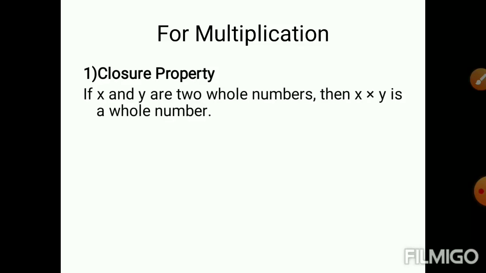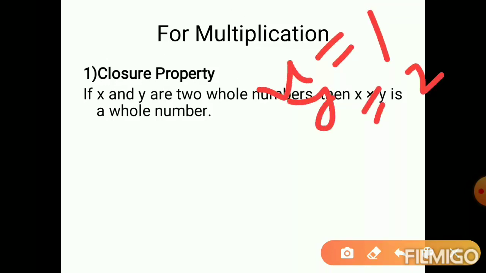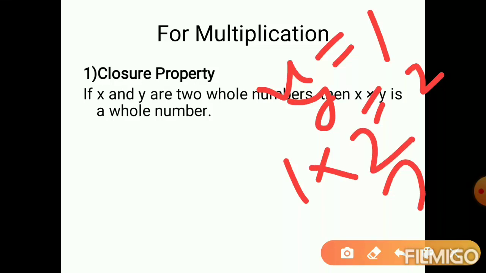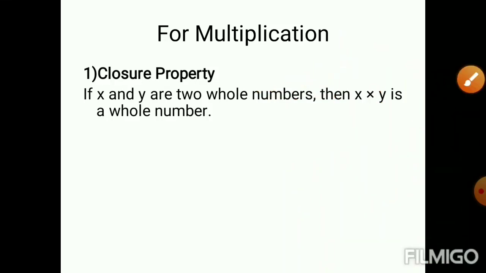It says if x and y are two whole numbers, then x into y is also a whole number. Suppose x is 1 and y is 2. So x into y means 1 into 2 is 2. So 2 is a whole number. So when we multiply two numbers, we will always get a whole number if x and y are whole numbers.